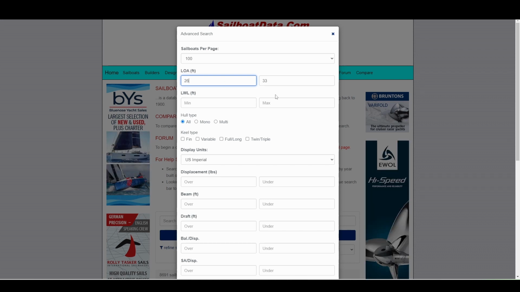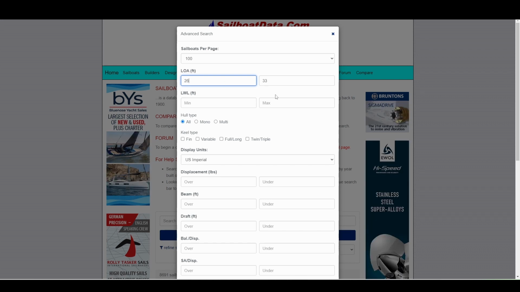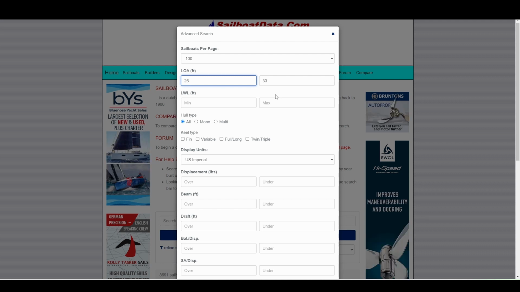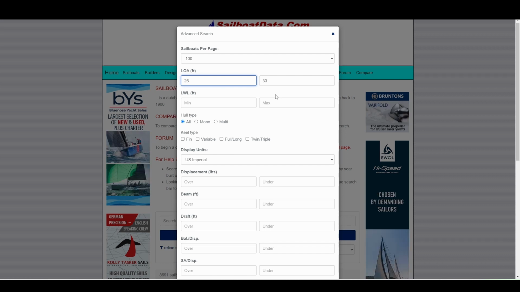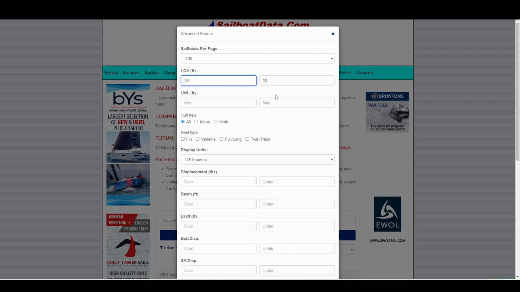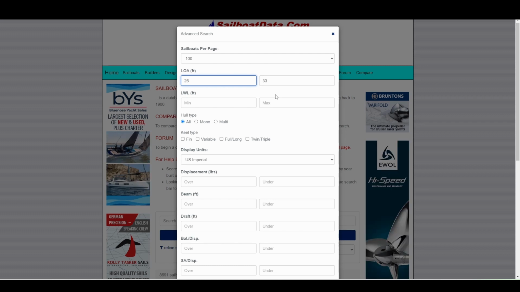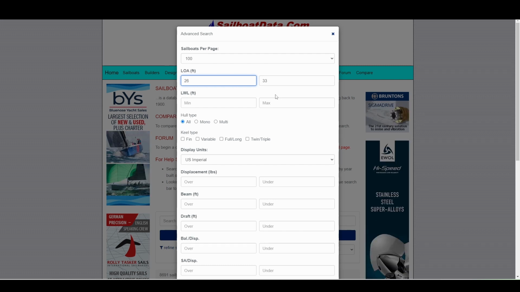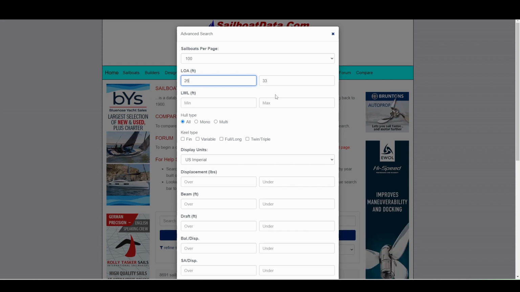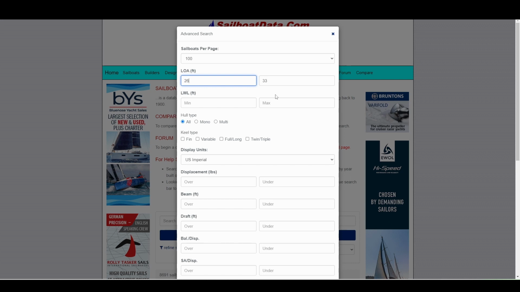That's length overall. And that means from the start of the boat, whatever you have there, even if you have an extension, it's really from there to the absolute end of the boat, saying in layman's terms. So if there is a swimming platform, it's up to the end of the swimming platform.